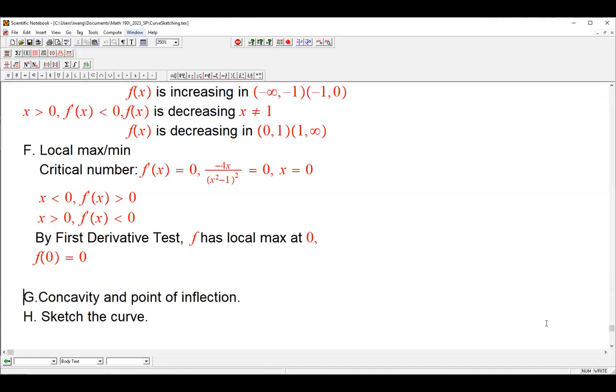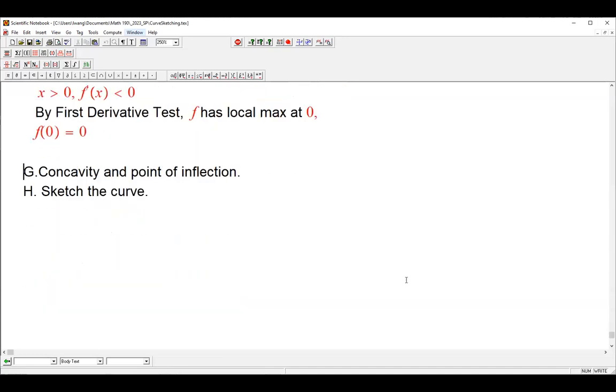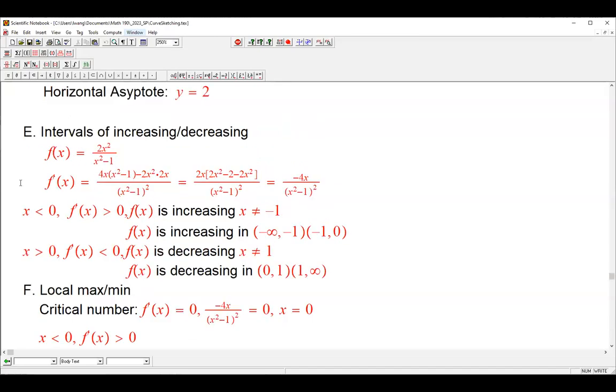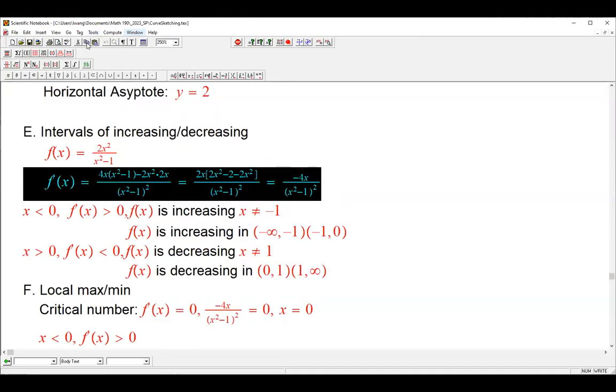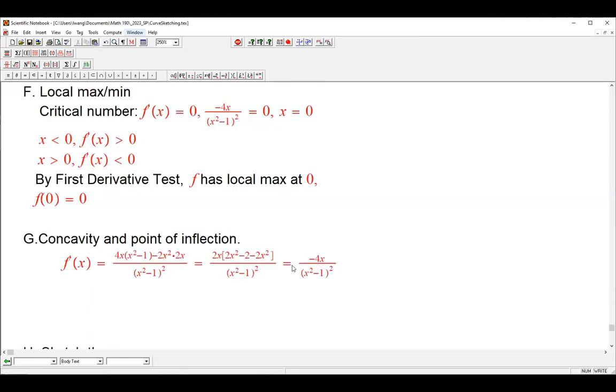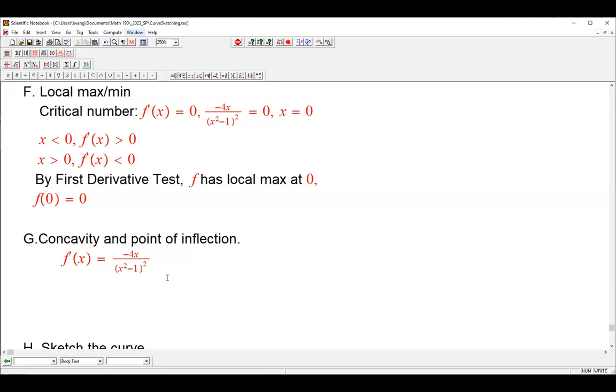Concavity. Okay, for concavity, we're almost done, right? We have to find the second order derivative. We already have the first order derivative, and we just remove that part. We keep it simple.